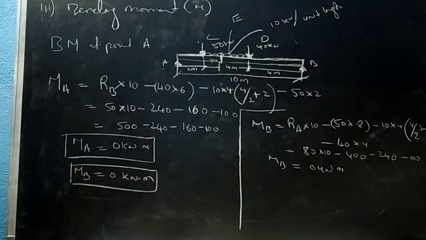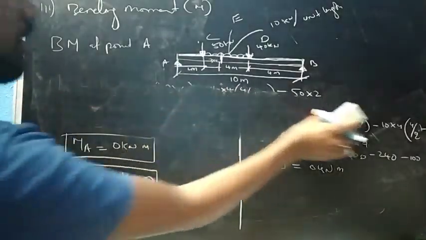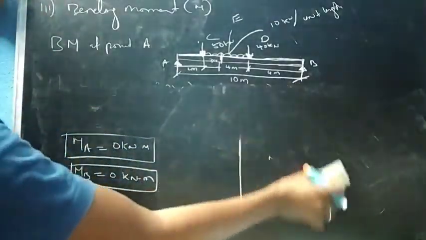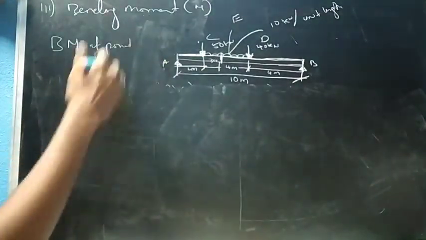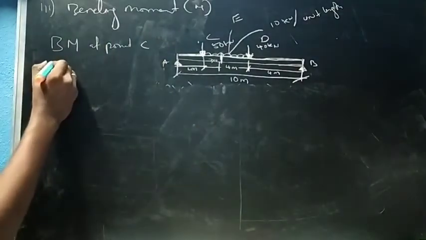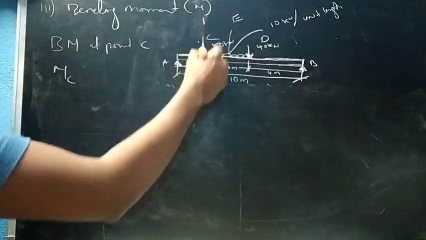Now we will find out the bending moment at C and D. So bending moment at C. So MC, so I am taking the axis here.